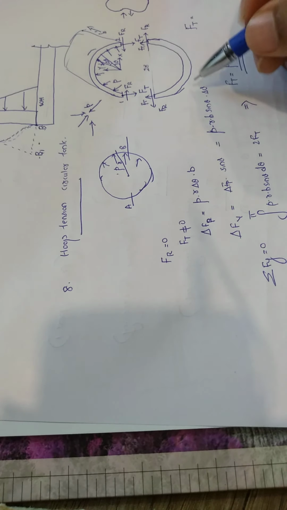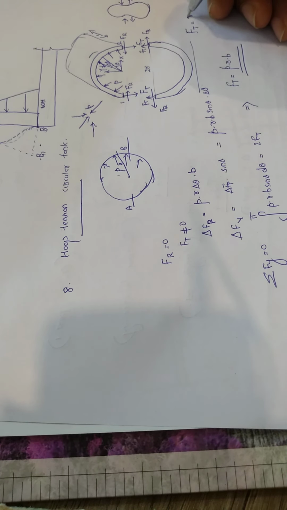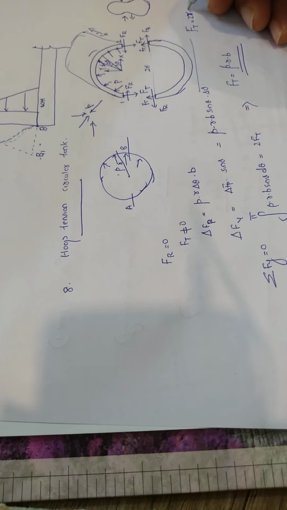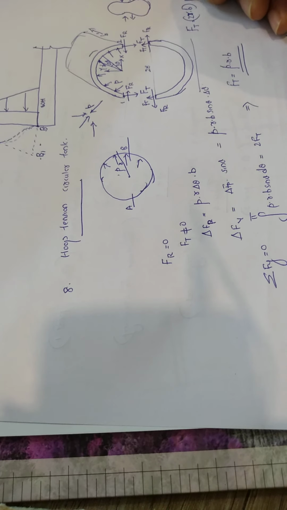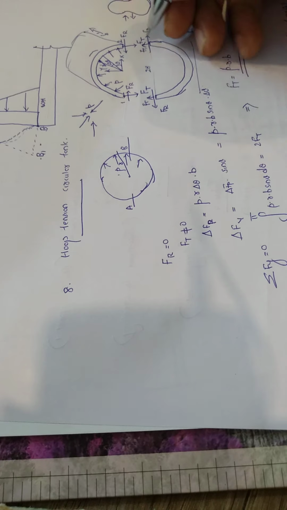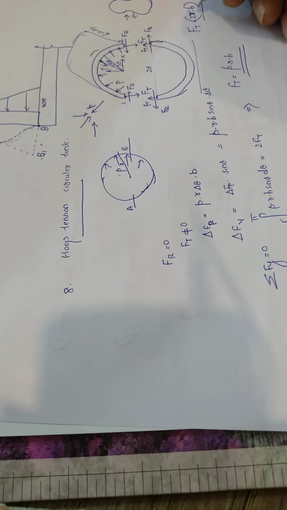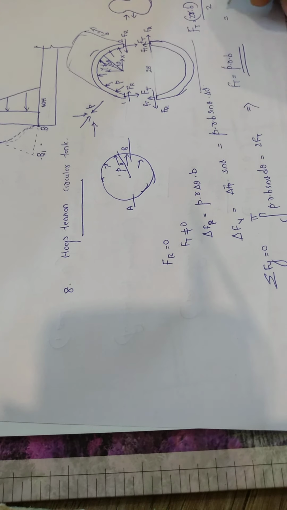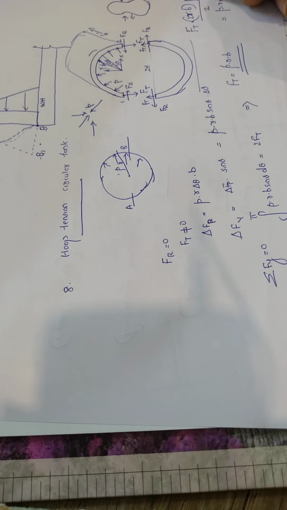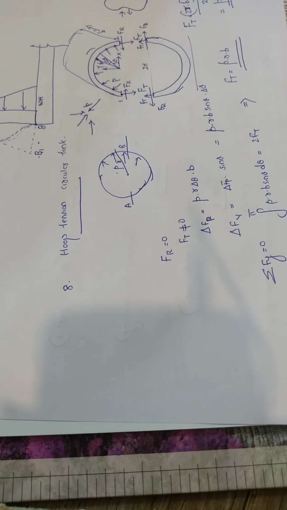So the projected area will be 2r into B, and that into pressure will give you the total force, which is distributed at the two sections, right? So it will be divided by 2, and Ft will be P into R into B. That is the hoop tension.